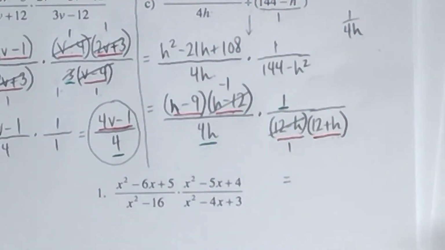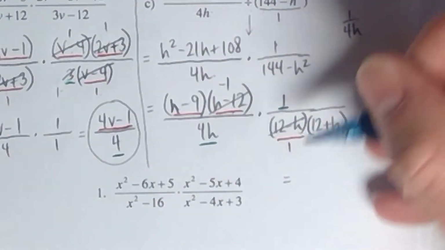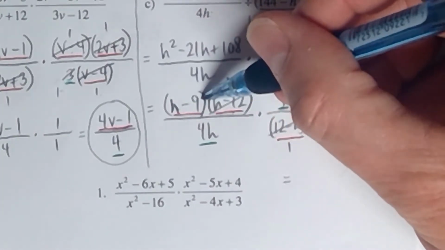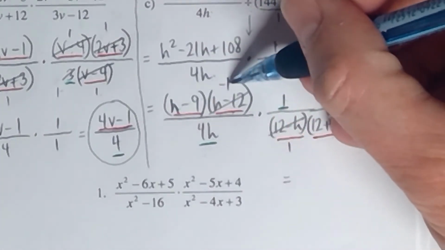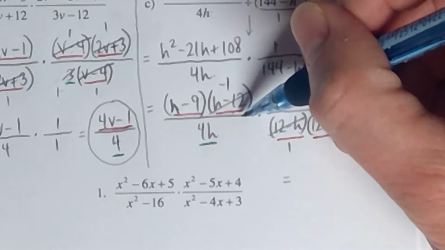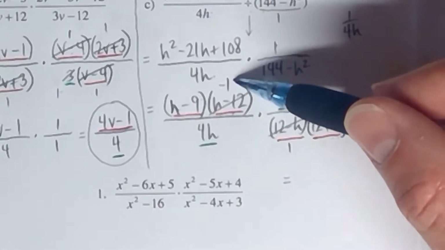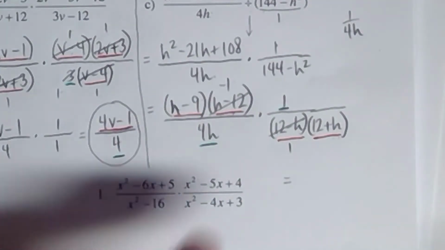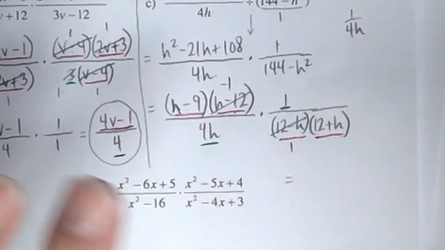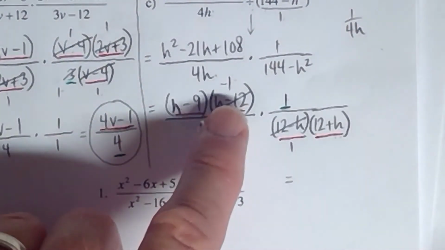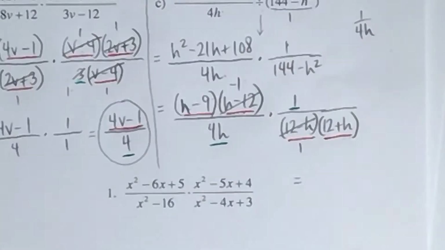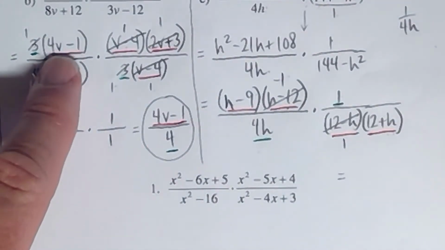Again, let's clean up our mess. All right, here we have, and whenever you have a red one times just a single term, which is what this now becomes, it just becomes a single number here, negative 1. If you have a red one times anything that's not equal to 1, okay, the 4h minus 1 here was multiplied by positive 1, that's different.